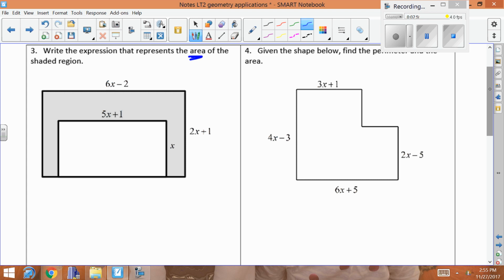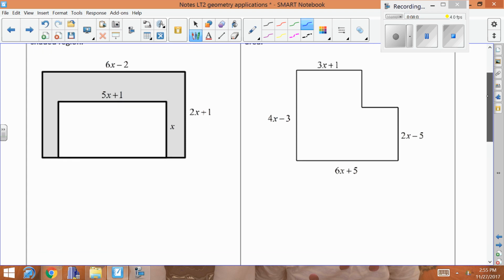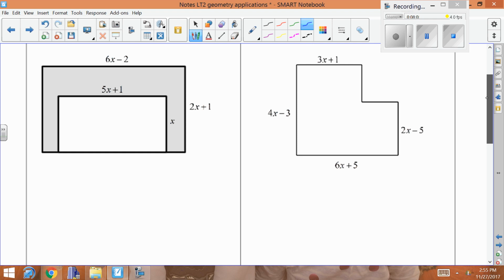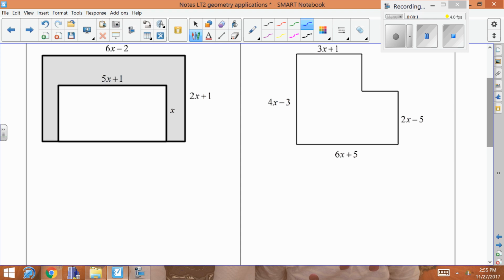There's a few different ways you could go about doing it, but usually if it's both rectangles there, sometimes the easiest way to do this one is to just find the area of both of them, and then we're going to have to subtract. So I'm going to do the area of the big rectangle. I'm going to even kind of label it here.